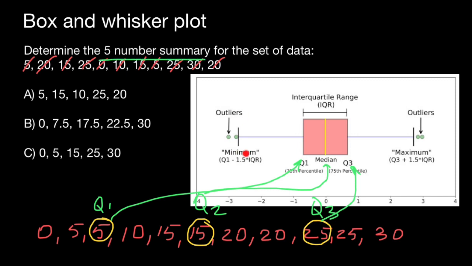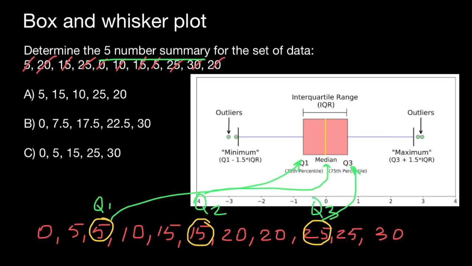So we have found 3 numbers out of the 5-number summary. Now we have to find the minimum and maximum. The minimum is quartile 1 minus 1.5 times the IQR. IQR stands for the interquartile range. In our case, this is the range between 5 and 25, which is 20.